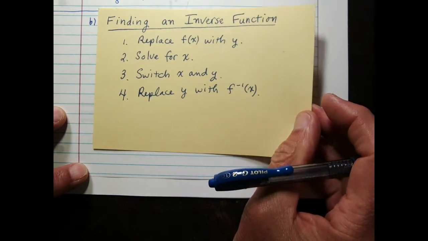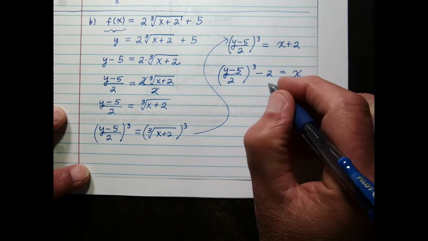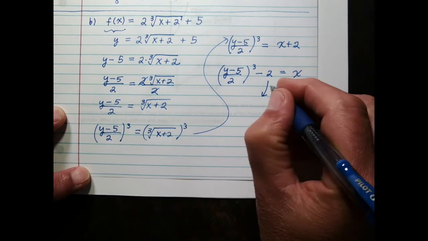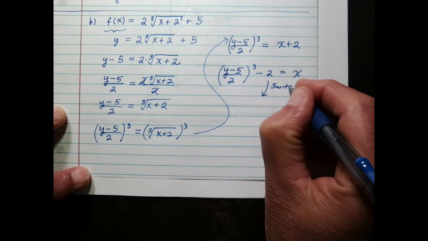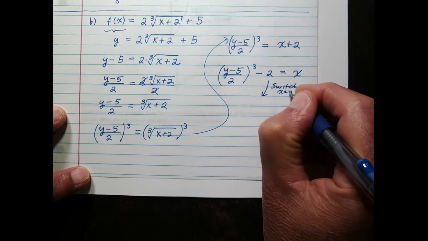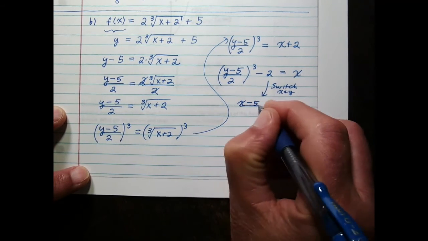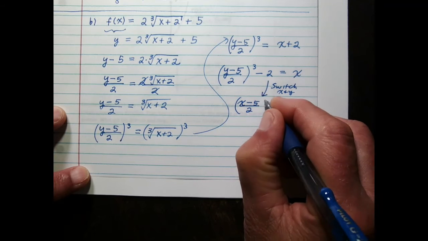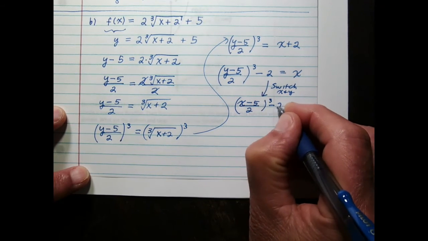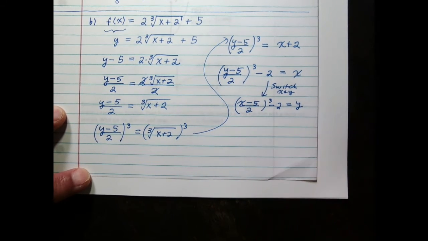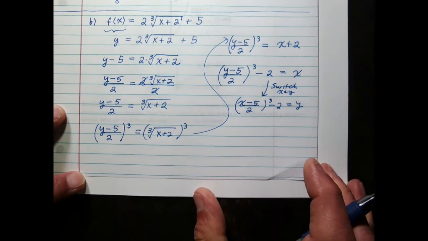Now we want to switch x and y. And let's see, I get x minus 5 over 2, to the 3rd, minus 2 equals y. And I'm just about done.